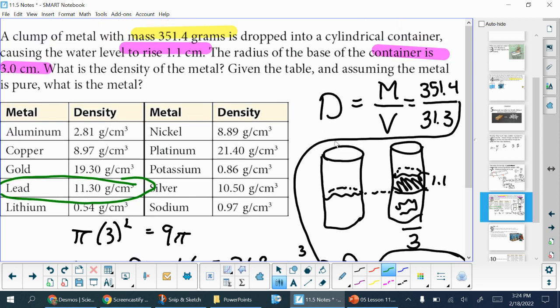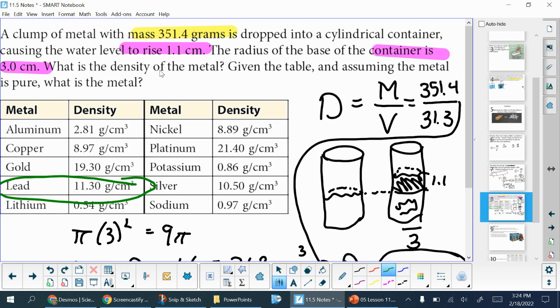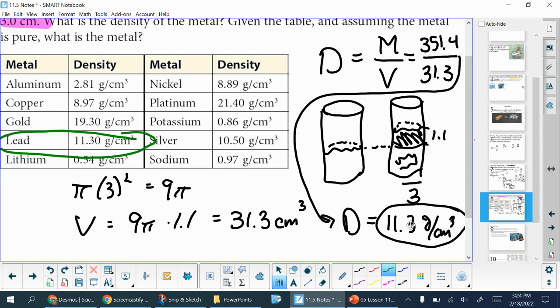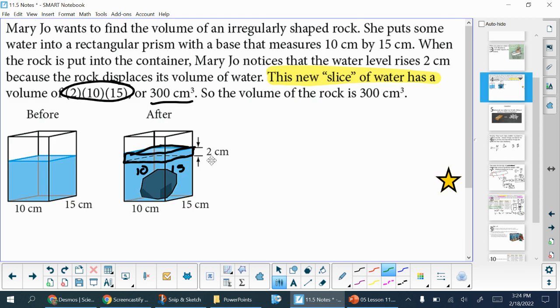Again, it's very similar to what we did on the last one: I'm going to use displacement to calculate the volume, then find the density that way. The biggest thing I can always say when you're doing these displacement problems: find the volume of the new slice.